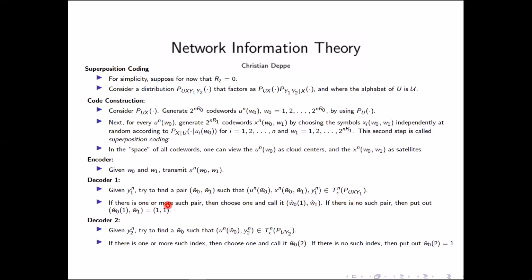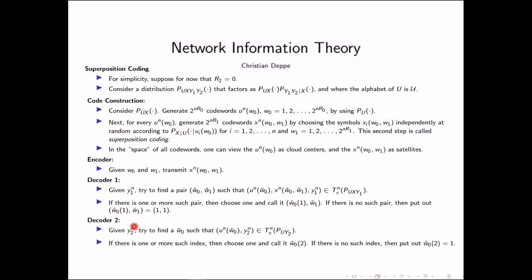If there is one or more such pair, then choose one and call it w hat 0 of 1 and w hat 1. So this is the estimate of the common message, and this is the estimate of the dedicated message. If there is no such pair, then we put out 1, 1.